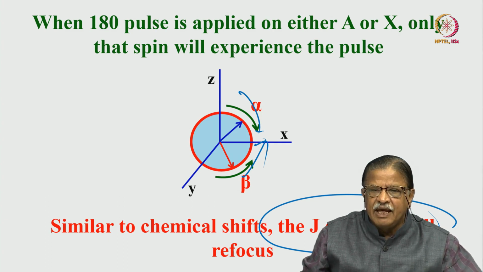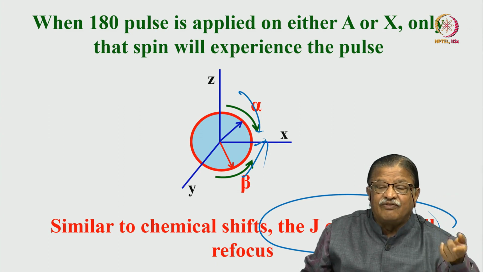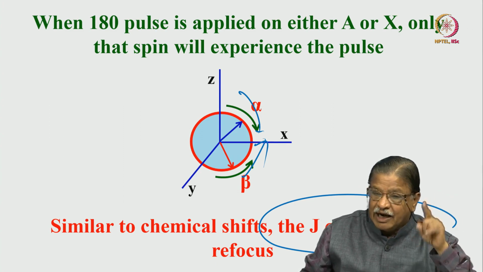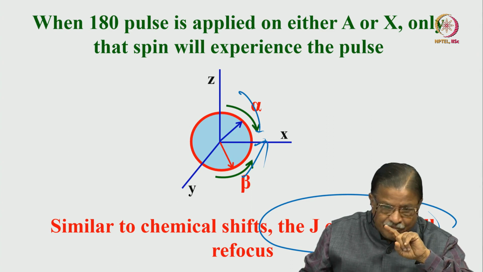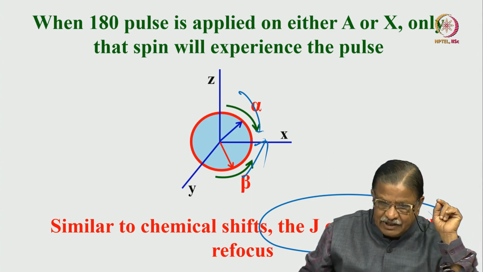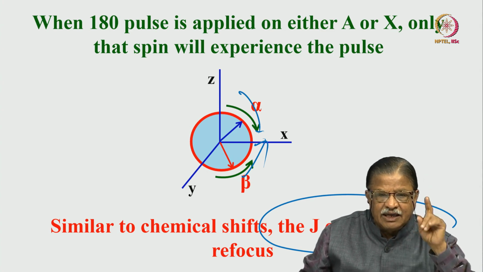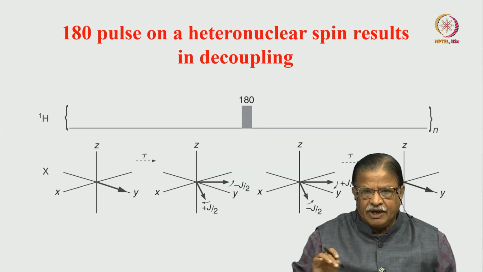What does it mean? If you apply a 180 pulse on only any one of the spins, J coupling will refocus. In the case of homonuclear, J was not refocusing at all. But in the case of heteronuclei, whether you apply the 180 pulse only on A or only on X does not matter, J will refocus. Okay.